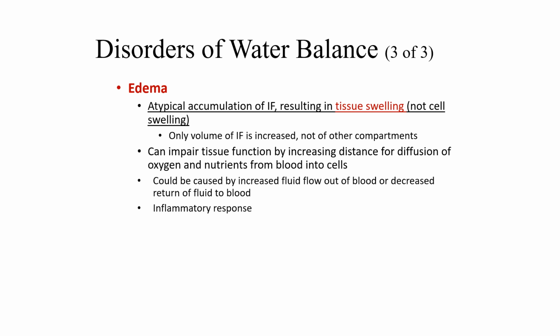We see this with increased fluid flow out of the blood, decreased return of fluid to the blood, an inflammatory response, and so tissue swelling, not the cells, that is hypotonic hydration. Tissues, edema. This brings us to the end of our lecture.